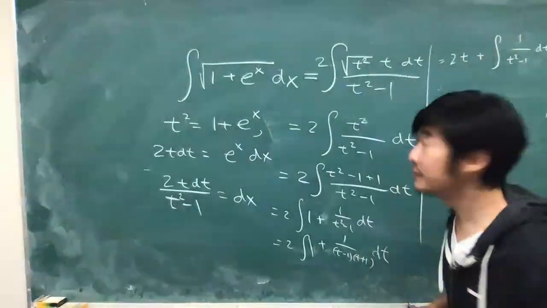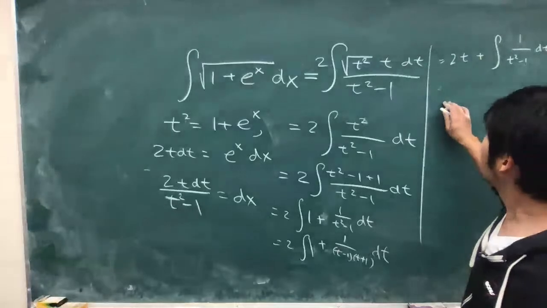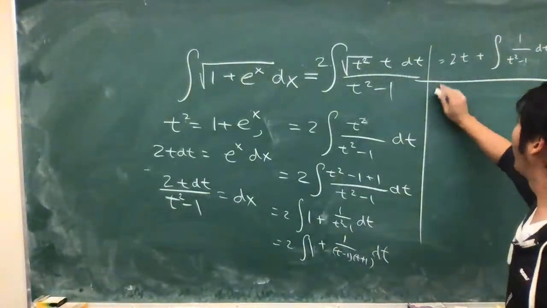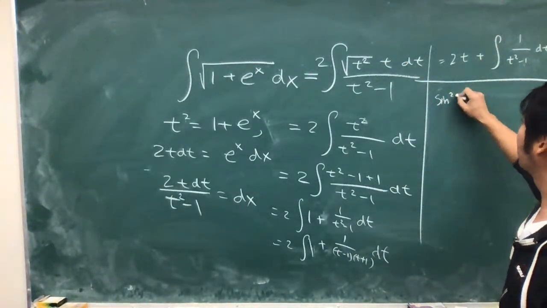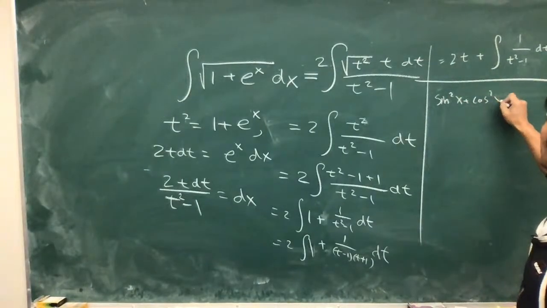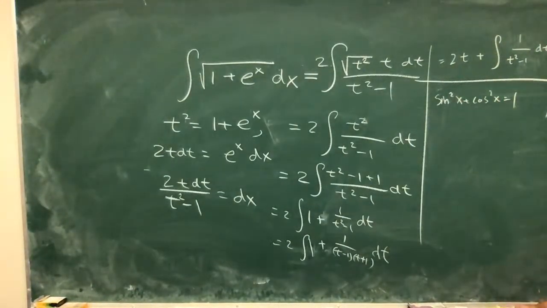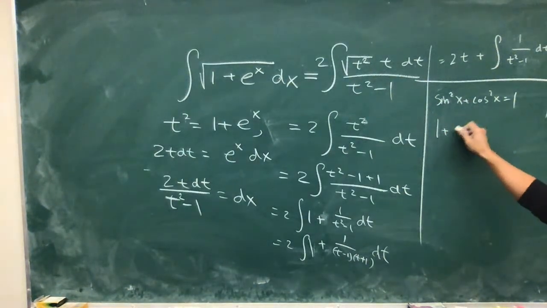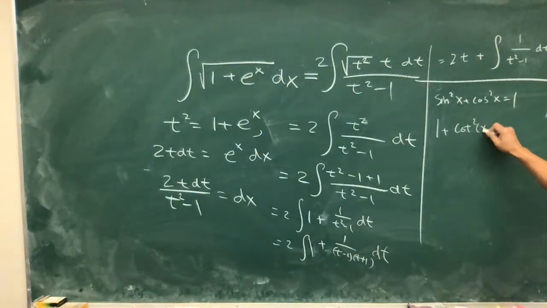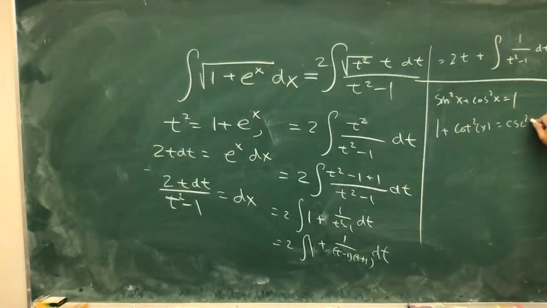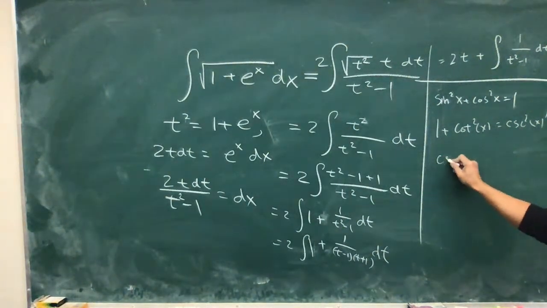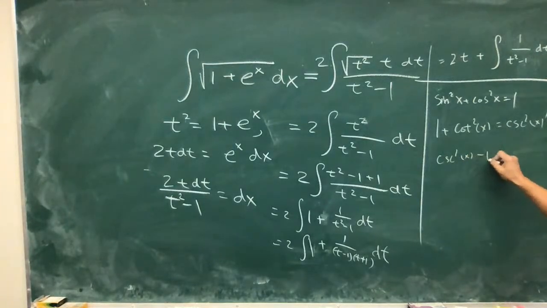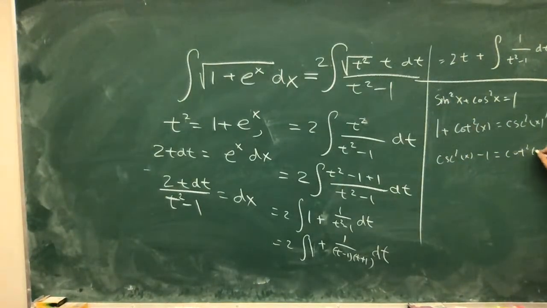Okay, so I would rather do something like this. So we know that sine squared plus cosine squared equals 1. So if we divide everything by sine squared, then we get 1 plus cotangent squared is equal to cosecant squared. So cosecant squared minus 1 is equal to cotangent squared.